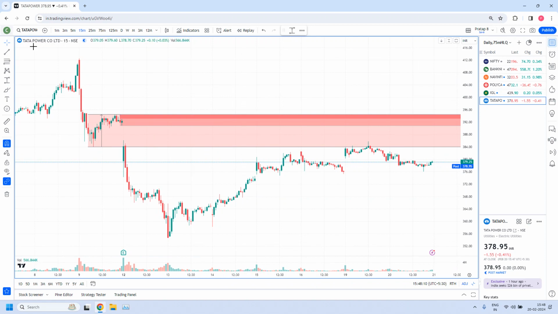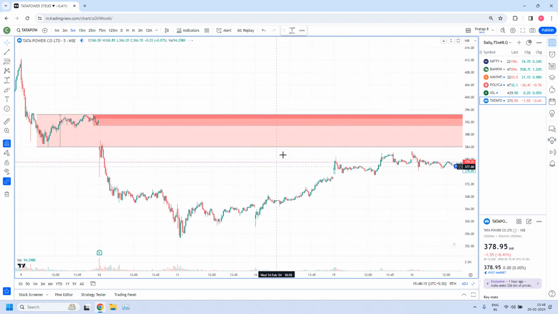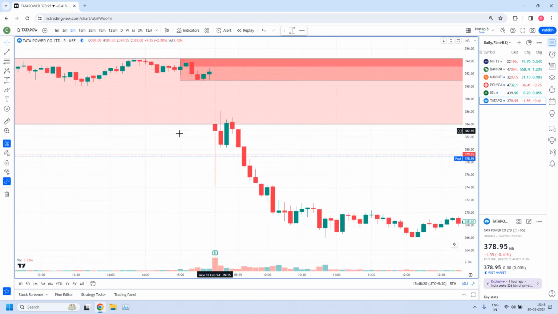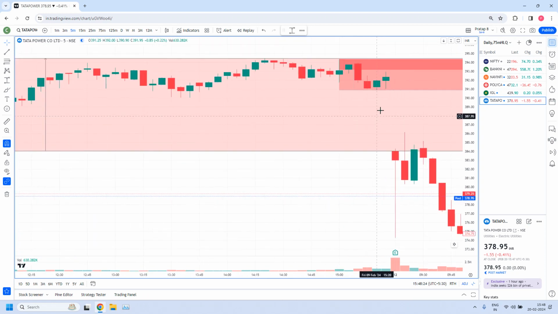Now let's go to the 5 minutes time frame and see how we fine-tuned within the 15 minutes area. I consider this as an ERC candle, because the length of the candle is almost the same as or even a little higher than the leg-out candle. It has a huge body and it is not a medium size candle.